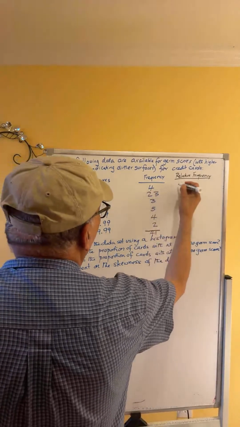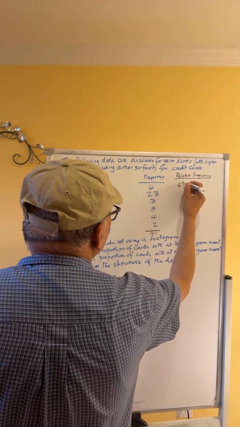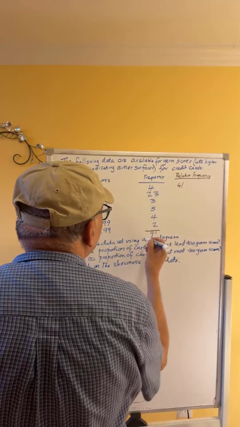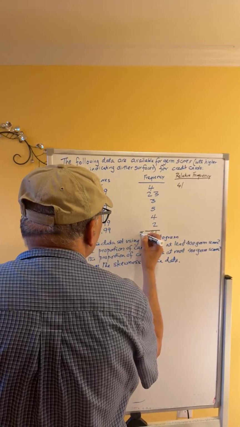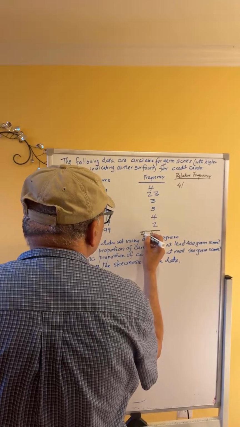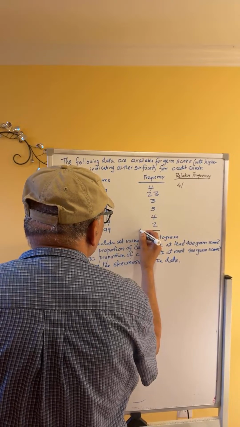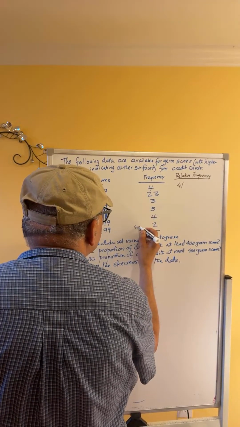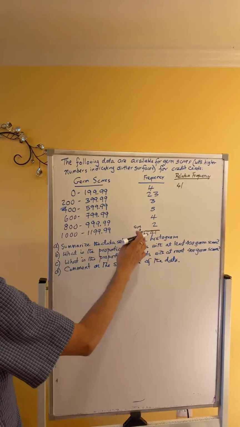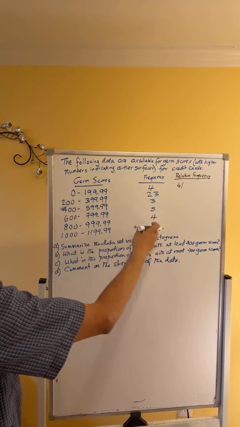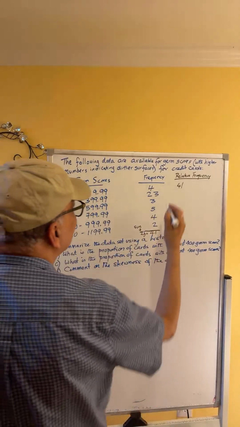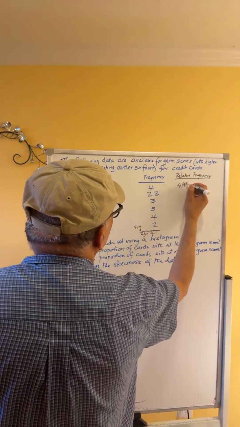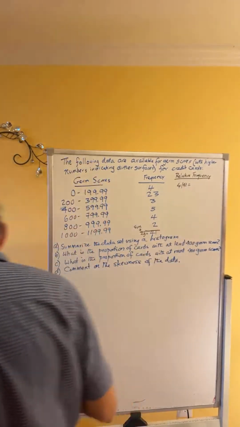So we take the count in each class and divide it by the grand total, which is the sum of frequencies. This is the symbol for sum, Greek capital sigma. The sum of frequency, the total number of samples, the sample size, is 41. So 4 divided by 41.